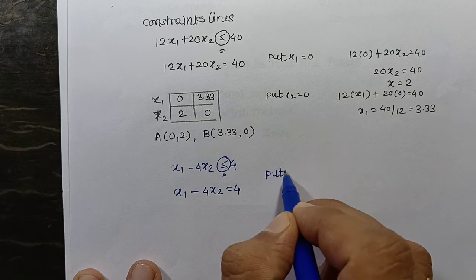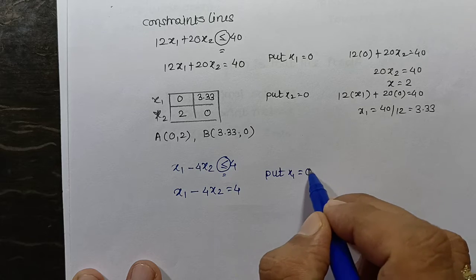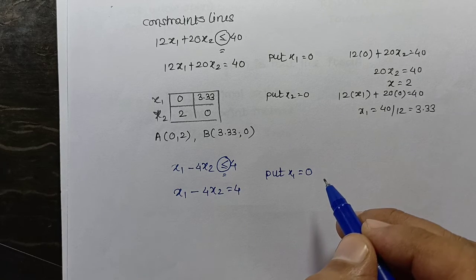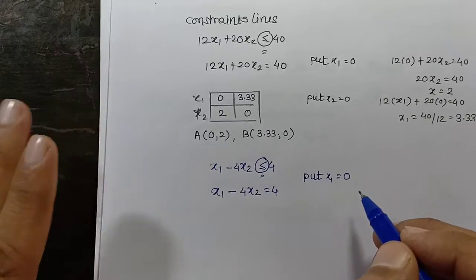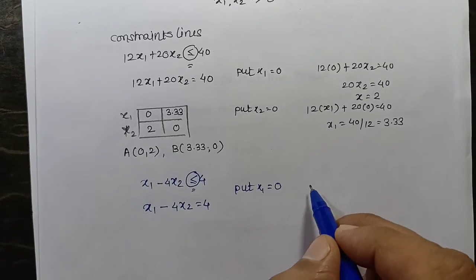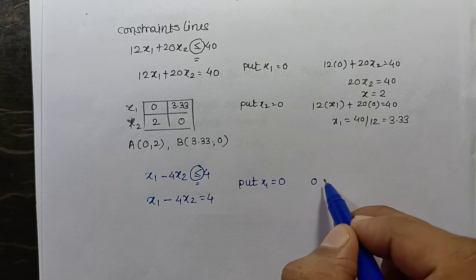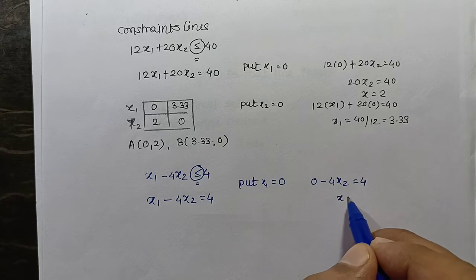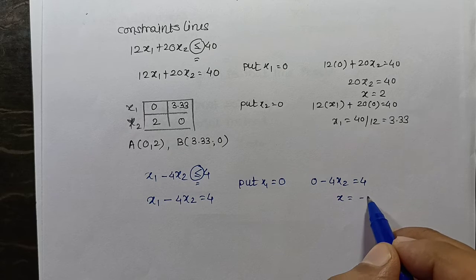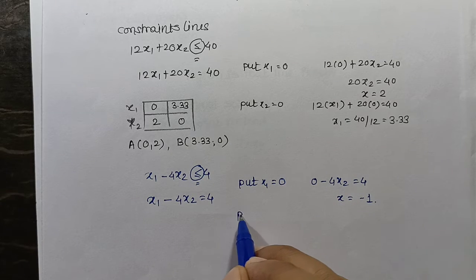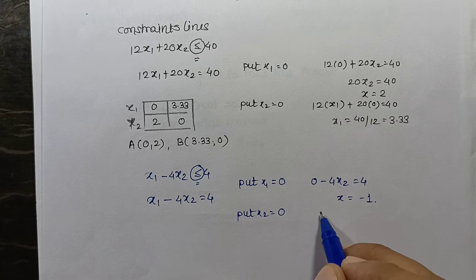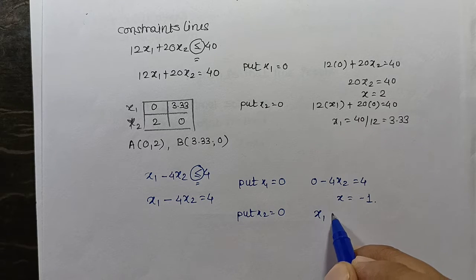When I put x1 is equal to 0, it becomes 0 minus 4x2 is equal to 4, so x2 is equal to minus 1. And when I put x2 is equal to 0, my equation becomes x1 is equal to 4.